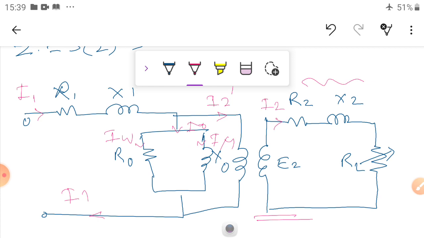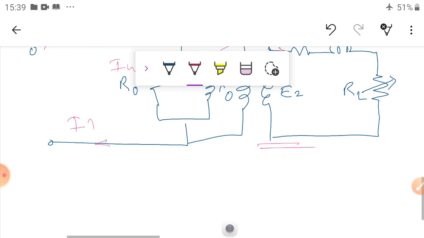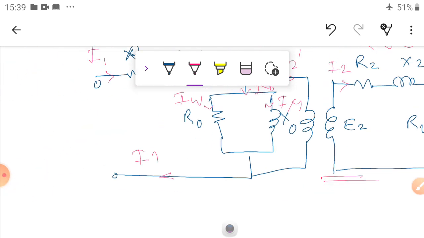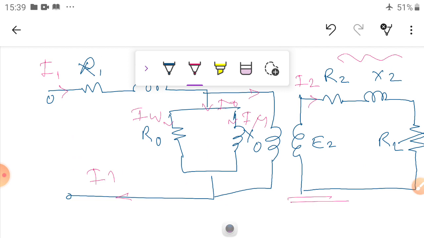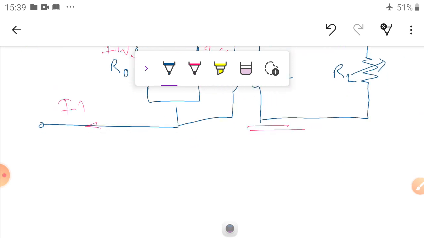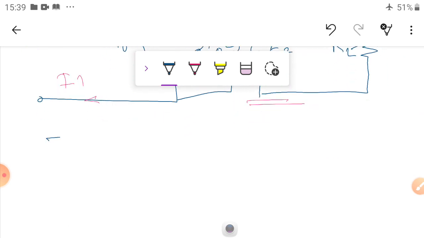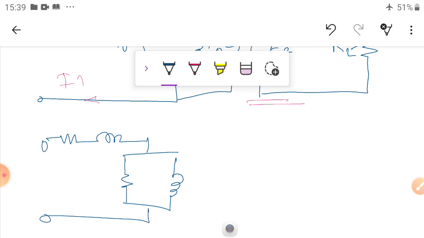Just simplify this one, and it becomes the equation with resistance and inductance, with the equivalent value connected here.